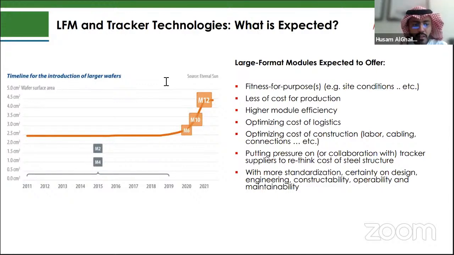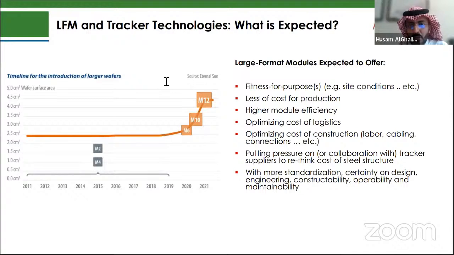We always believe that there is no one solution that fits all, and all the promises that we see in the brochures and presentations about the new technologies will need to be customized to demonstrate relevance to the project.